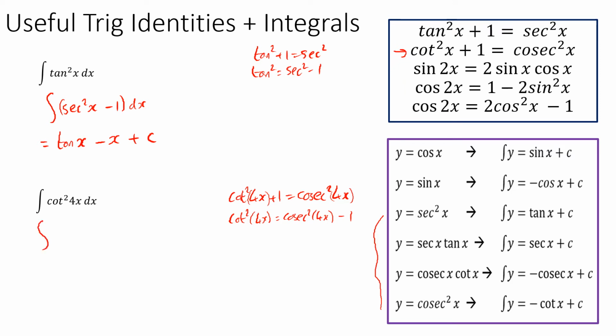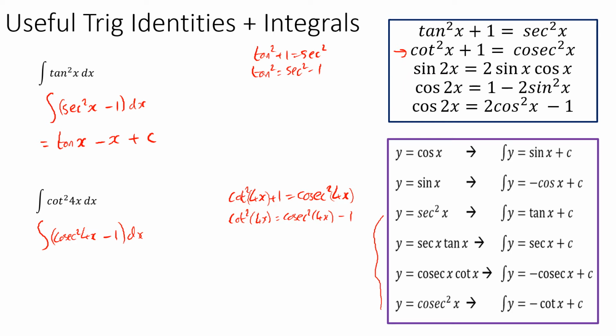So I want to integrate cosec squared minus 1 all dx, and what would cosec squared go to? Well, we know that cosec squared goes to minus cot, but this is that whole f of ax plus b thing from last time, where we have to put a 1 over a at the front of it.